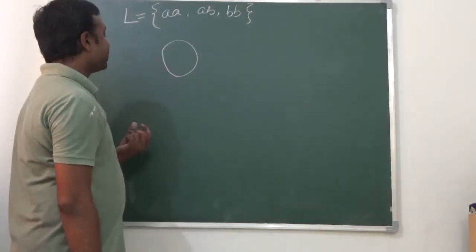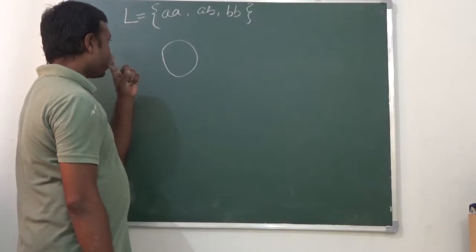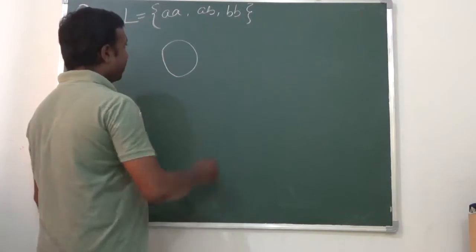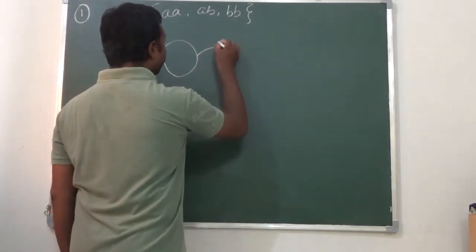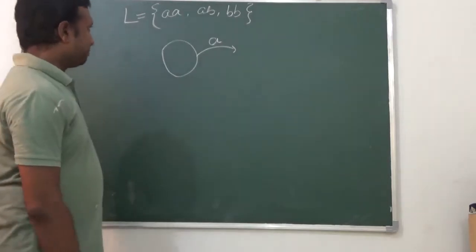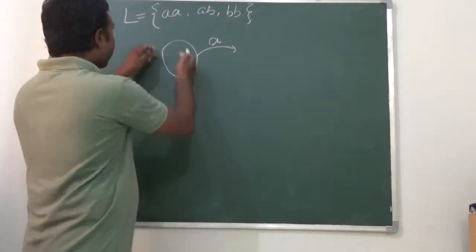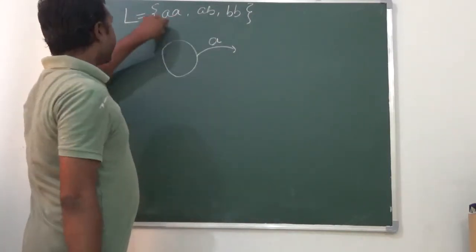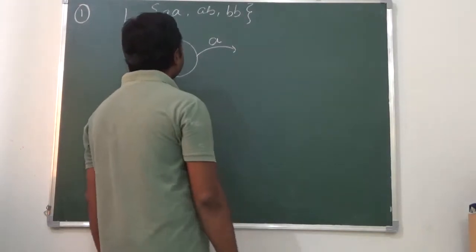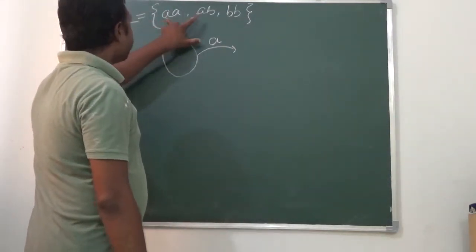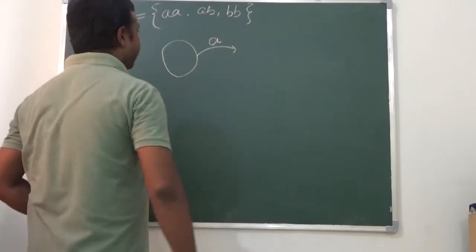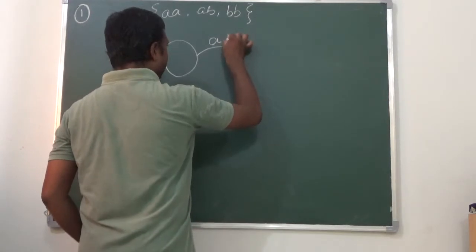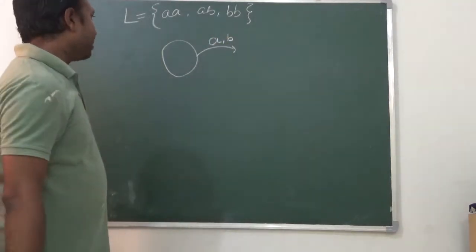I have one state, and this state will process A. Or if you analyze all the strings in the language, you can see that each string starts either with A or with B. So there are two chances, either it starts with A or it starts with B, right?